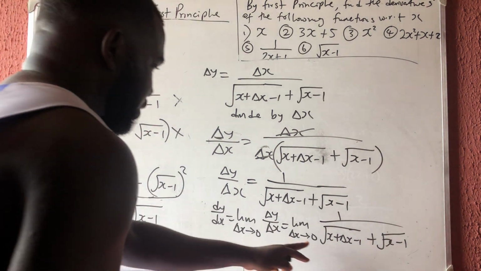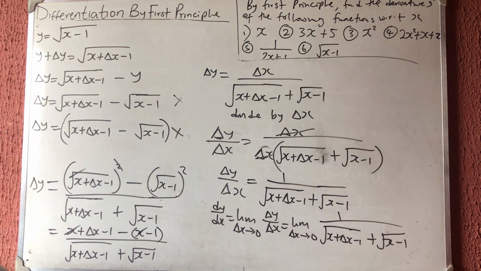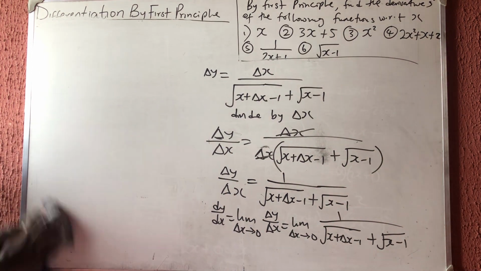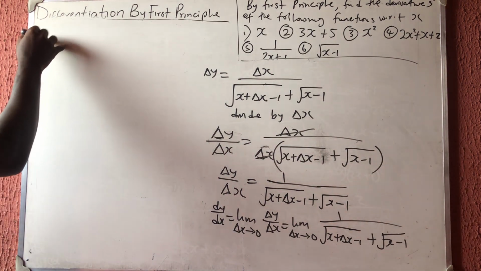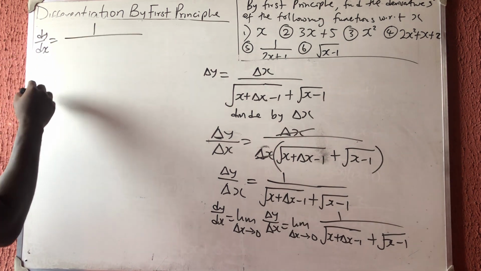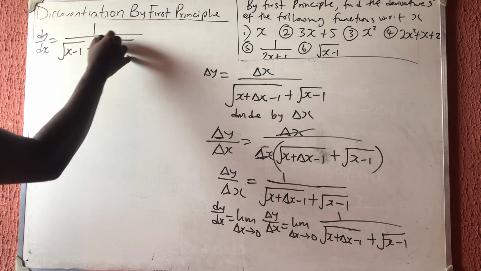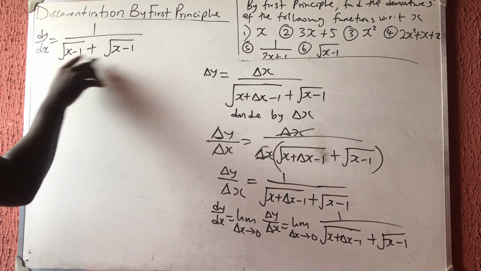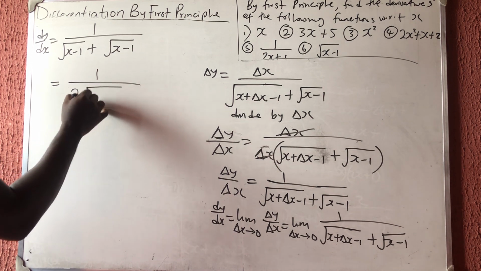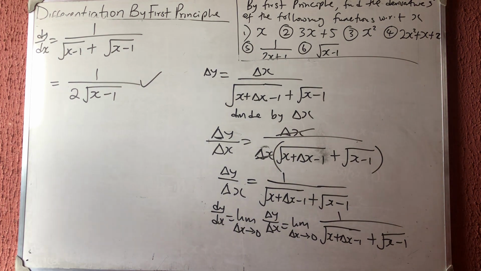So if you now substitute change in x to be 0, I am left with dy/dx is simply 1 over the square root of x minus 1 plus the square root of x minus 1. So you see, they are now like surds, and like surds can add. So this is now 2 times the square root of x minus 1. So this is now the differentiation of that, right?